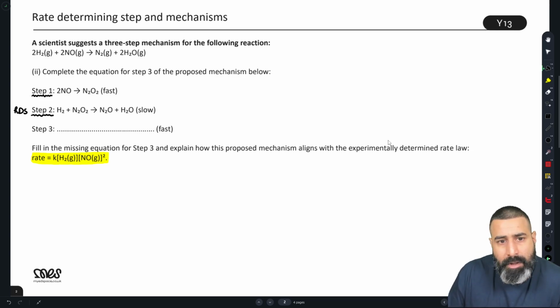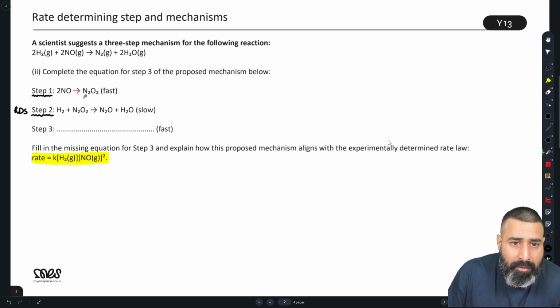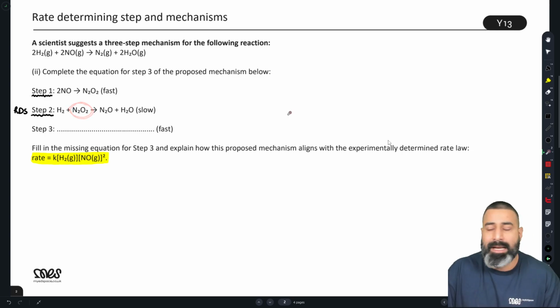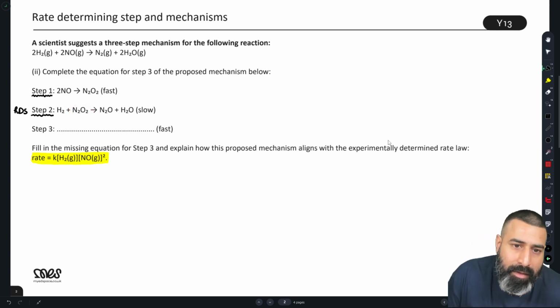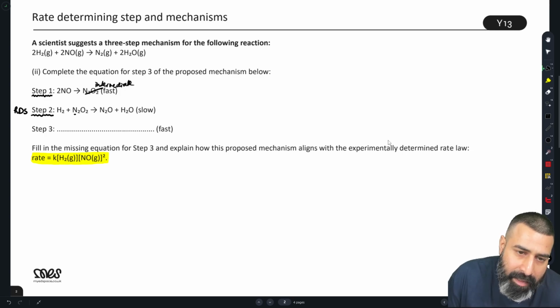So 2 molecules of nitrogen monoxide, which is consistent with our rate equation, are forming N2O2. Now, in step 2, the N2O2 is getting used up. So this is our intermediate. It's formed and then used.